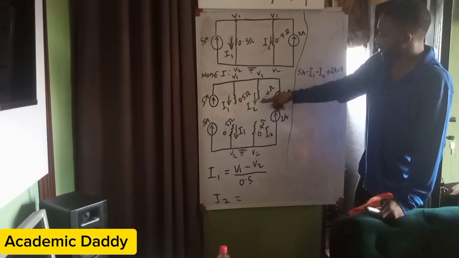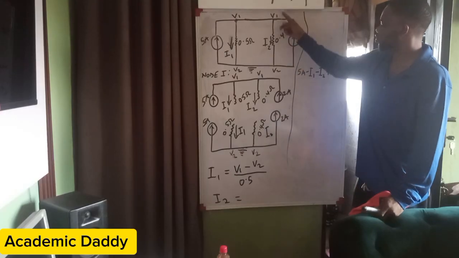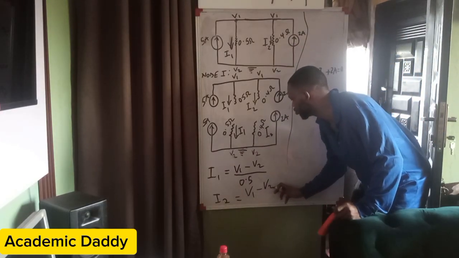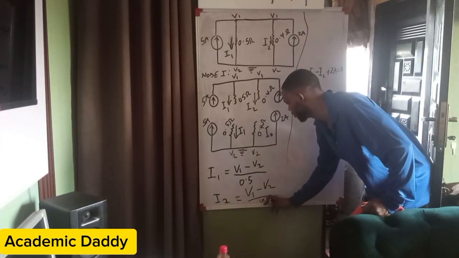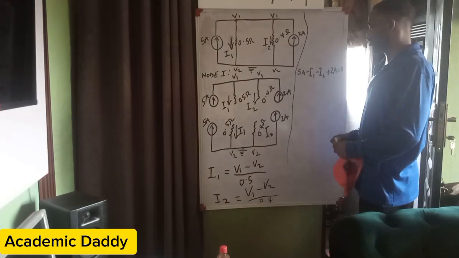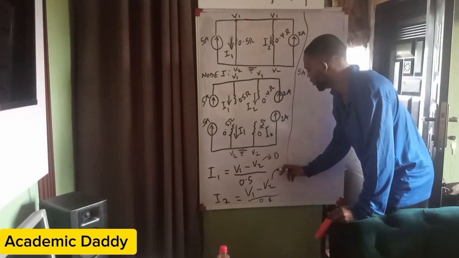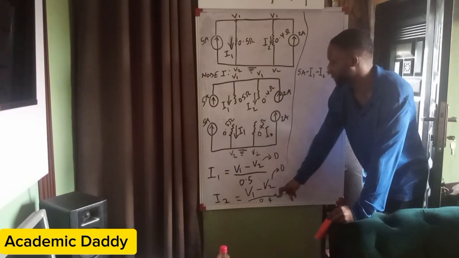So V1 and V2 in between is the same resistance. So this is the same thing as saying V1 minus V2 all over the resistance in between, 0.4. Since V2 is 0, this is V1 over 0.5, and this is V1 over 0.4.